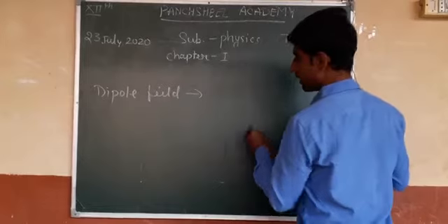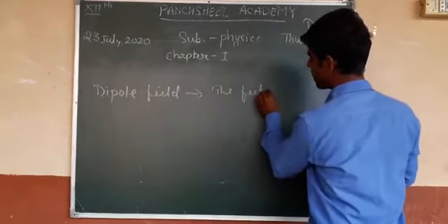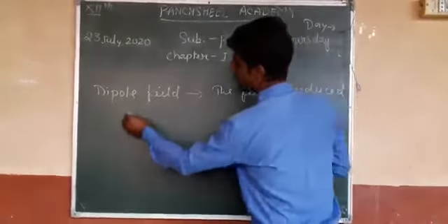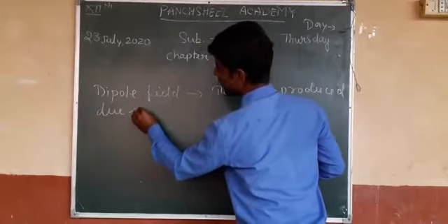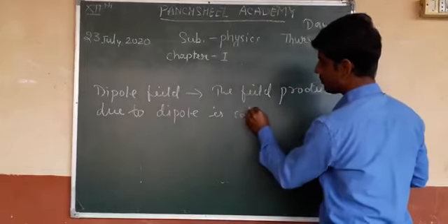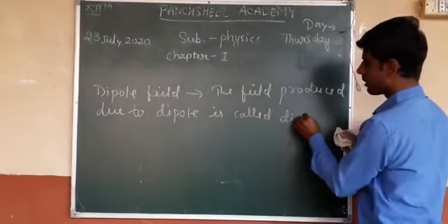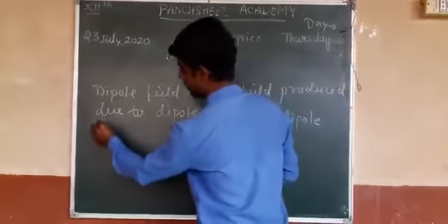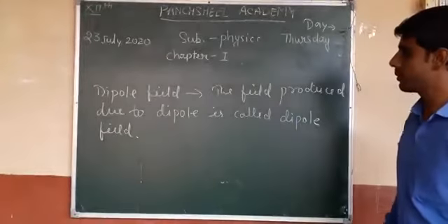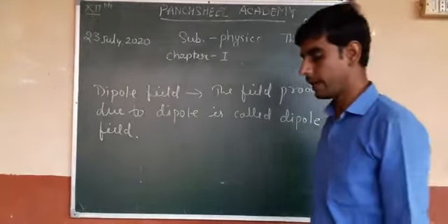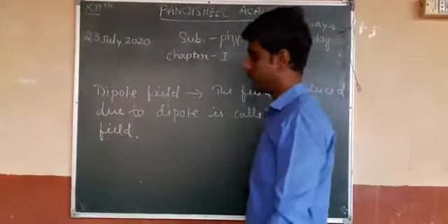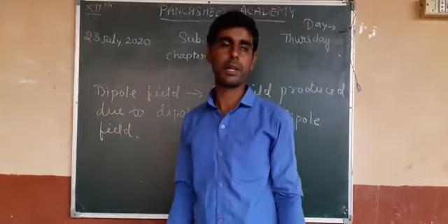The field produced due to a dipole is called the dipole field, and we have two specific locations where we will find the electric field due to the dipole.